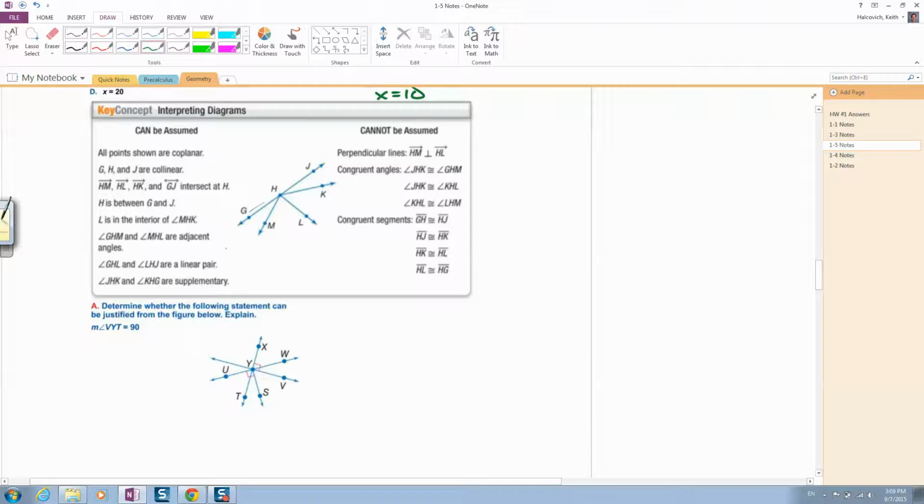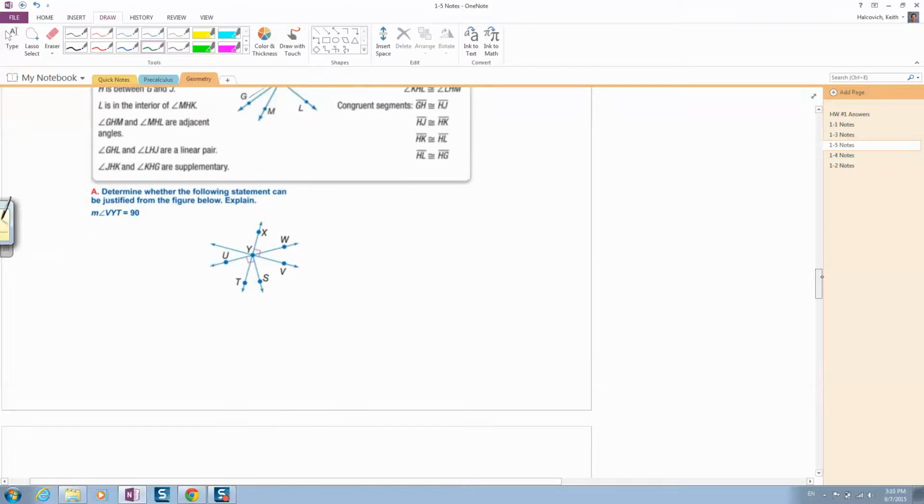You can assume adjacent angles. You can assume a linear pair, and you can assume that the linear pair JHK and KHG here are supplementary. What you cannot assume is that rays are perpendicular. You have to know that they're perpendicular. You can't assume that angles are congruent, and you can't assume that segments are congruent.